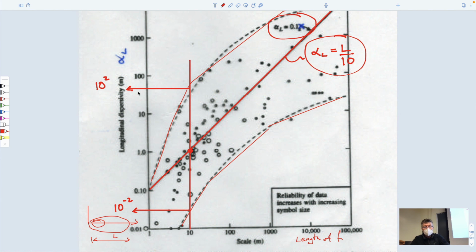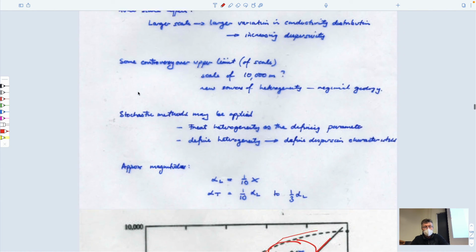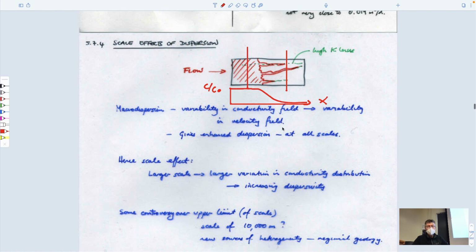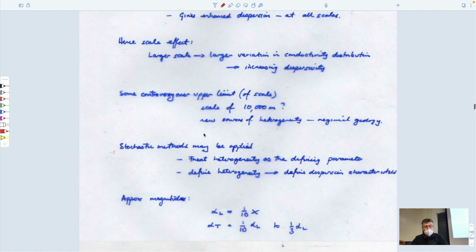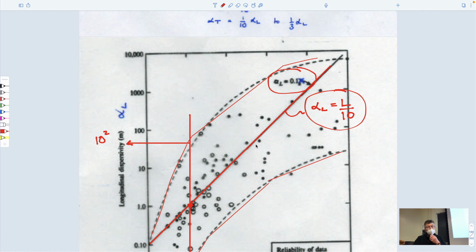And so all we can suggest is that the reason for that is due to this kind of process behavior that you get a larger and larger sample, that a bigger and bigger plume samples a bigger and bigger part of the aquifer, and therefore the heterogeneity in that bigger sample of the aquifer is larger. And therefore if this is due to heterogeneity, then the dispersion coefficient should concomitantly be larger as you go along this. That's it. So that's the punchline.